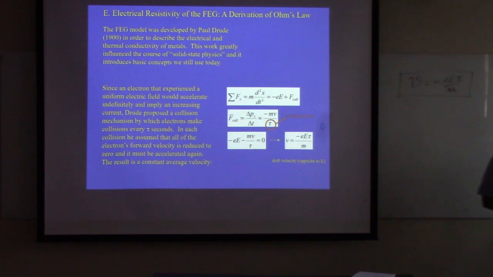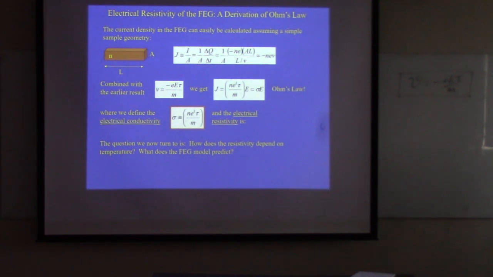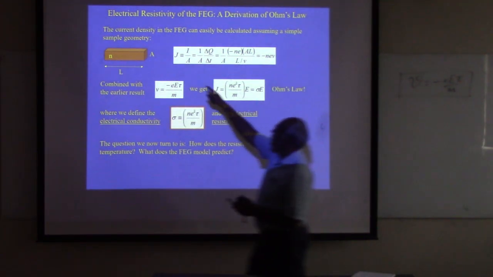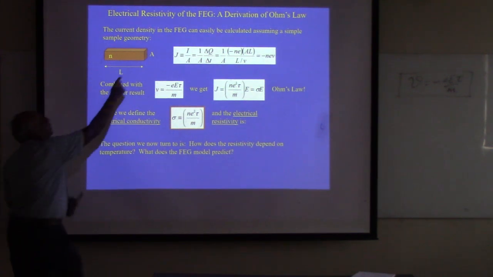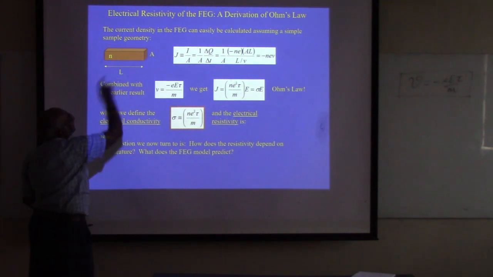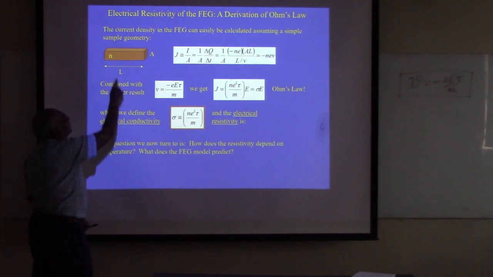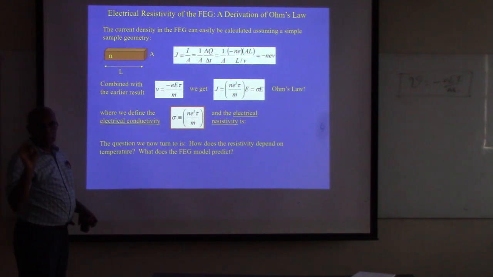Now we can derive this conductivity using this. Consider a rectangular box with cross-sectional area A and length L, with charge density N, that means the number of charges per unit volume.